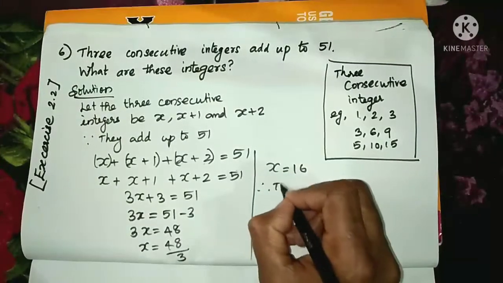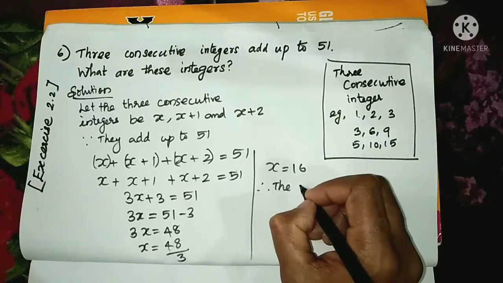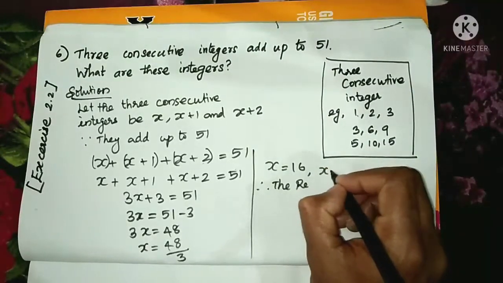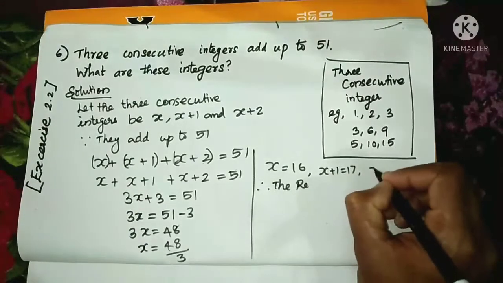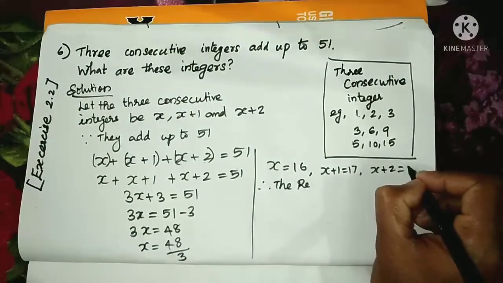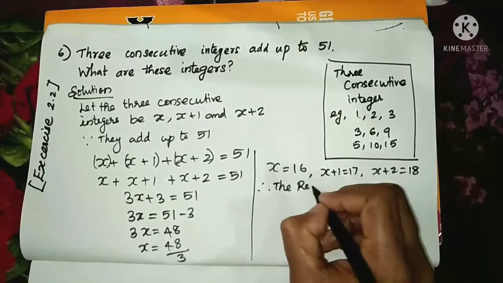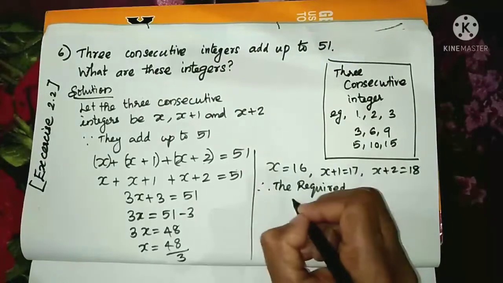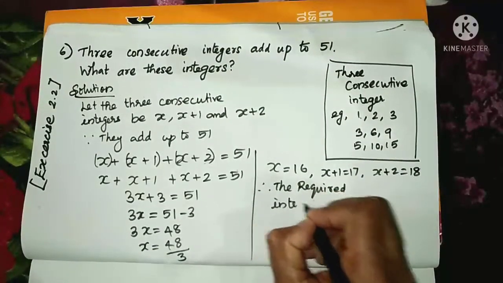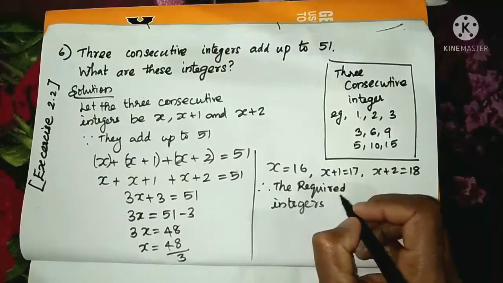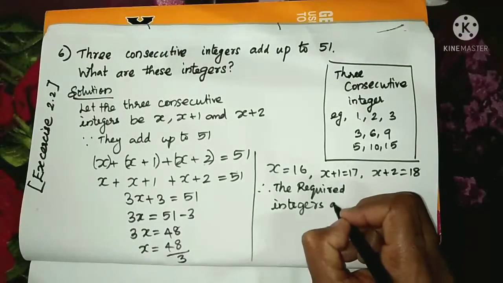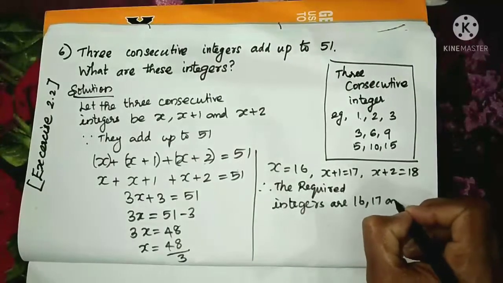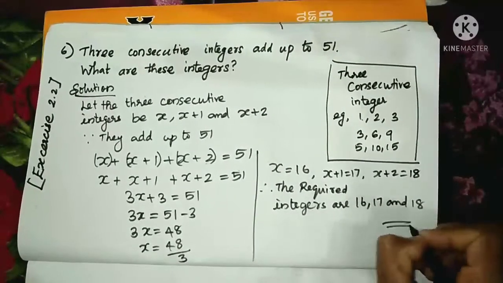Therefore the required numbers: this is x, which is 16. x plus 1 will be 17, x plus 2 is 18. The required integers are 16, 17 and 18. That's the answer.